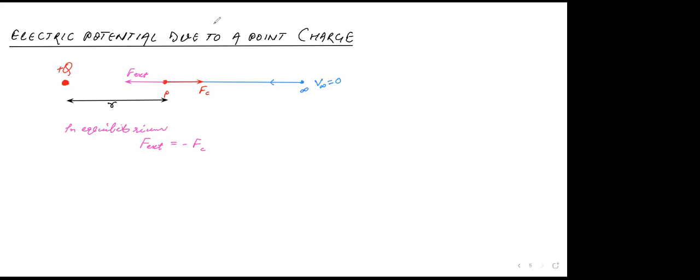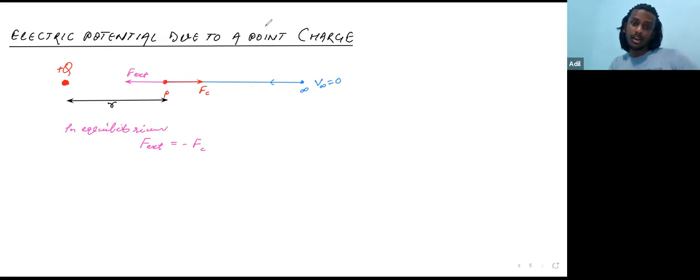When your charge is carried from infinity to point P, now your charge is at point P. Can you tell me what will happen? I think this positive charge applies a force upon this unit positive test charge, and that electric force will be noted down here.